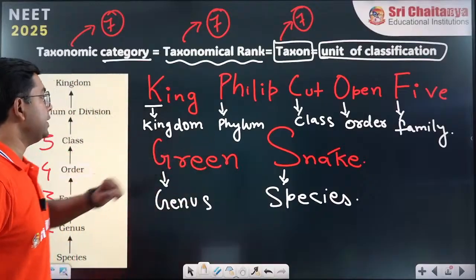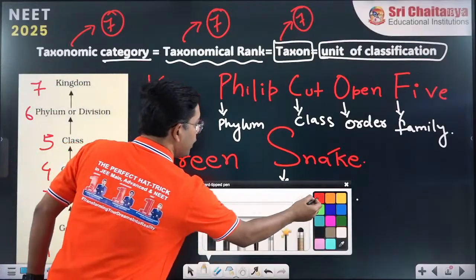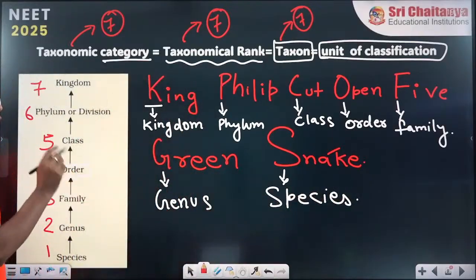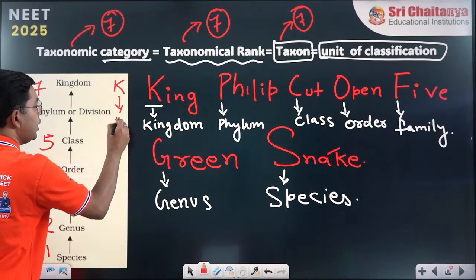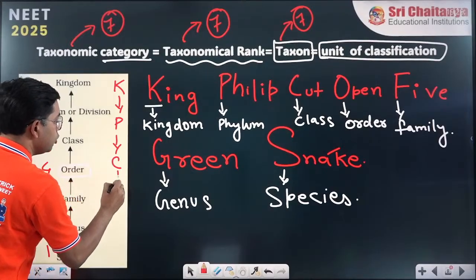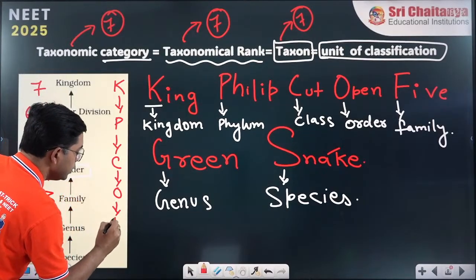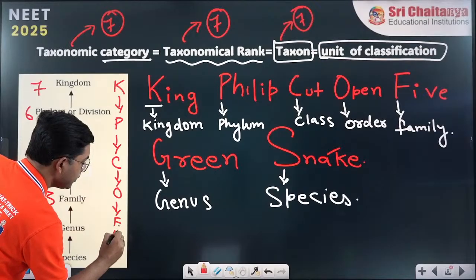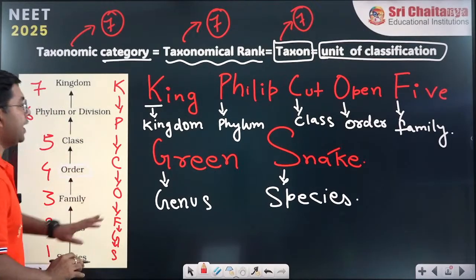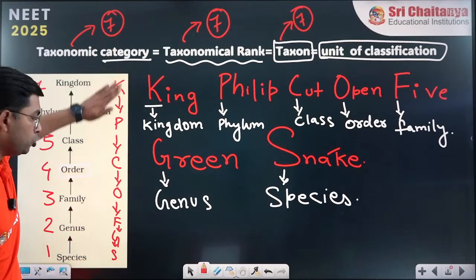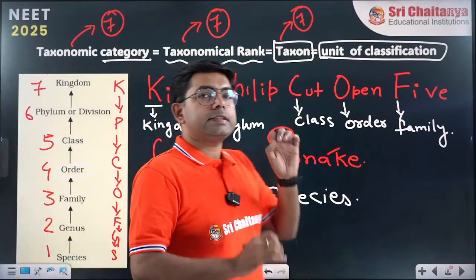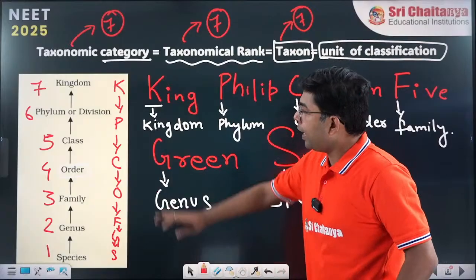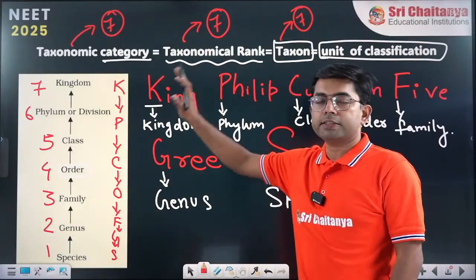So remember it like this: King Philip cut open five green snake. Now the arrow doesn't matter, whether you go from up to down or down to up. It is simply a hierarchy.